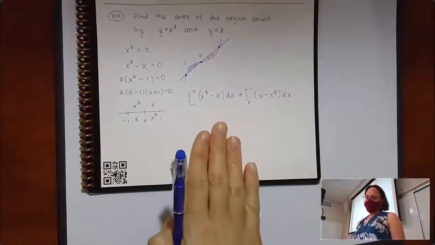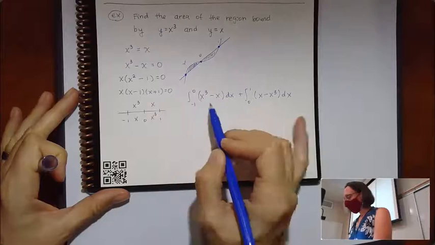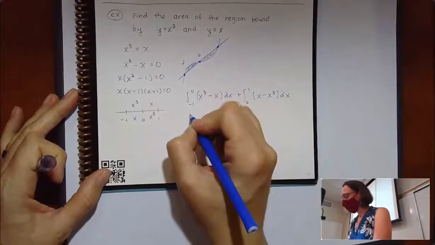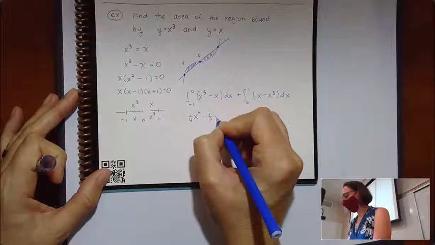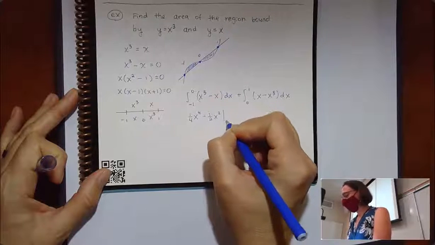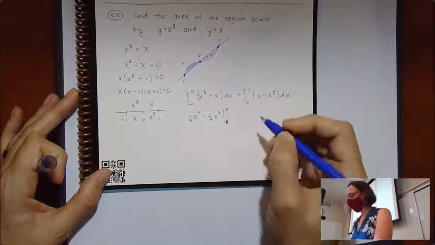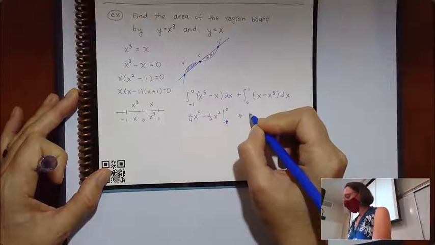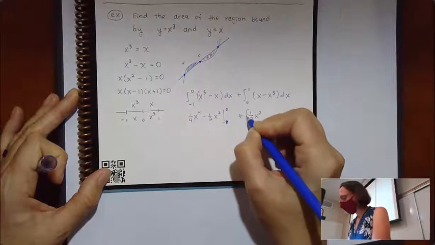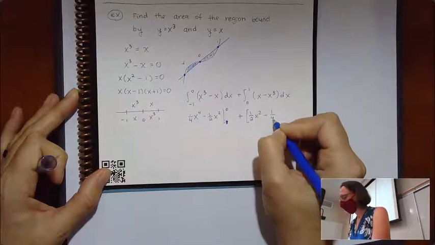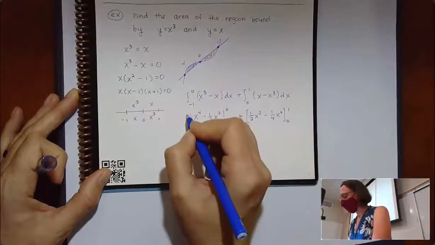So if we go through finishing this off, for my first piece here, I'm going to end up with 1/4 x to the 4th minus 1/2 x squared, evaluated from -1 to 0. And then kind of the opposite, 1/2 x squared minus 1/4 x to the 4th, evaluated from 0 to 1.